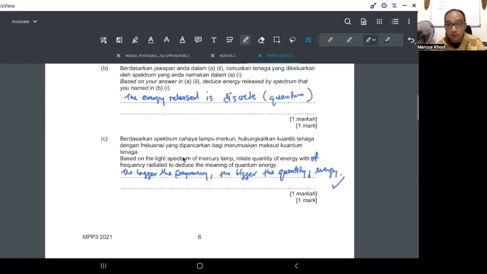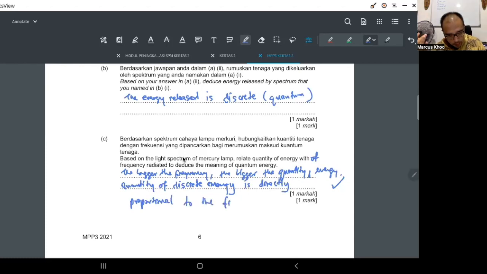If you're not satisfied and you want two sentences, it may help to say that the quantity of discrete energy is directly proportional to the frequency. You can also say it this way. It's only 1 mark, so I really don't think you should be giving 2 sentences. But if you want, you can write both.